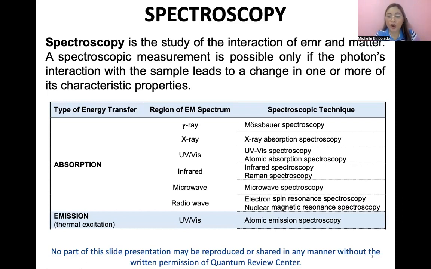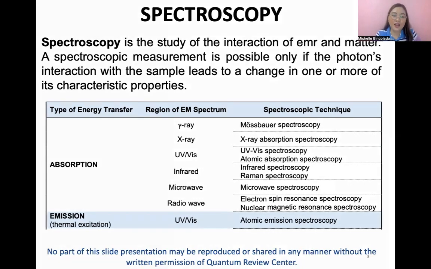Okay, so you might all be familiar with UV spectroscopy, atomic absorption spectroscopy, IR or infrared spectroscopy, and so on. Okay, so now guys, we should speak the spectral language kasi ang daming terms dito guys na kailangan maging familiar kayo at maunawaan nyo of course in the course of our lesson.